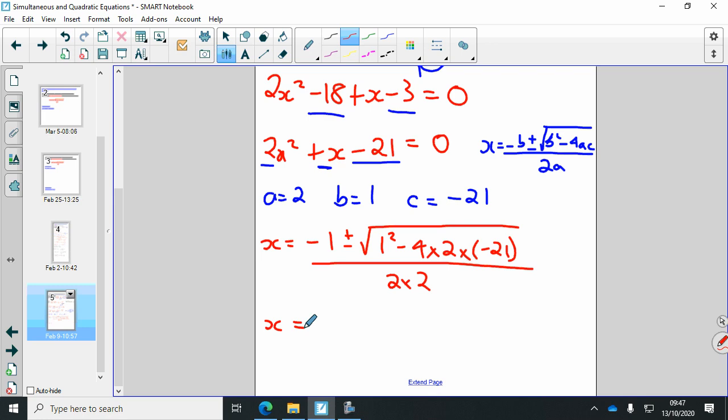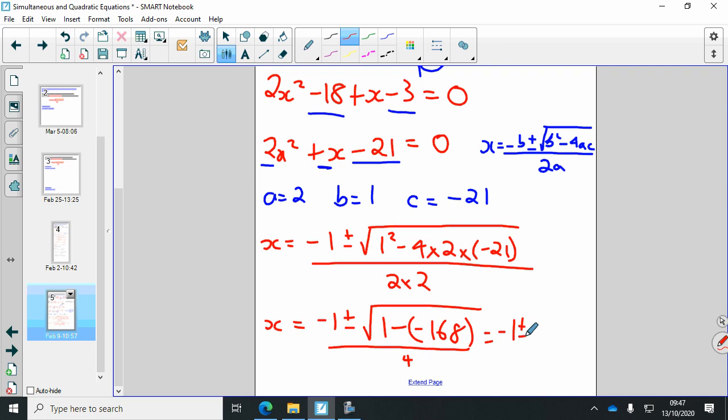Okay, so let's just tidy this up. Minus 1 plus or minus the square root of 1 squared is 1. 4 times 2 times minus 21 is minus 168. And we get minus 1 plus or minus the square root of 1 minus minus 168, which is 169, all over 4.